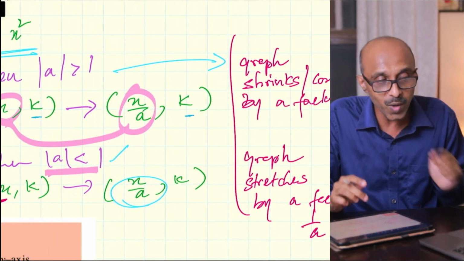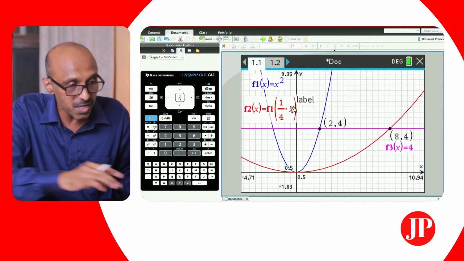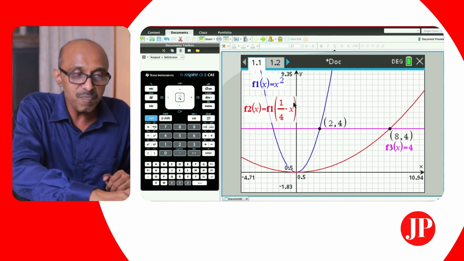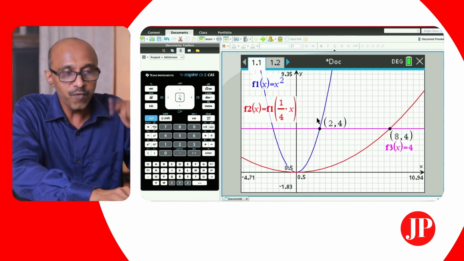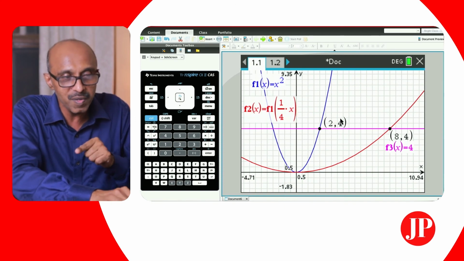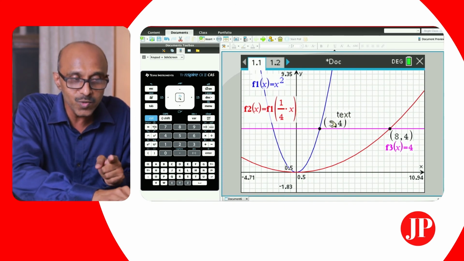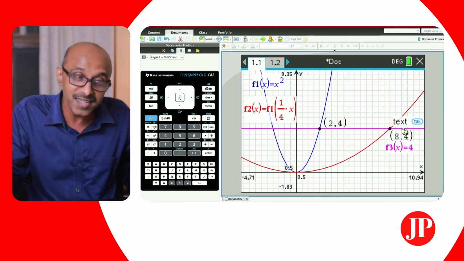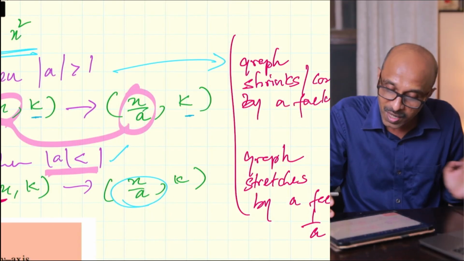So when a was equal to 1/4, as you saw on the calculator, when a was 1/4, 1/a would mean 4 times, right? 1 over 1/4 would be 4 times. That's why it's 2 divided by 1/4, giving you 8. So the stretch factor is 1 over a again, and so this is correct.